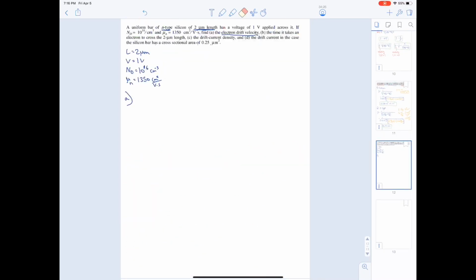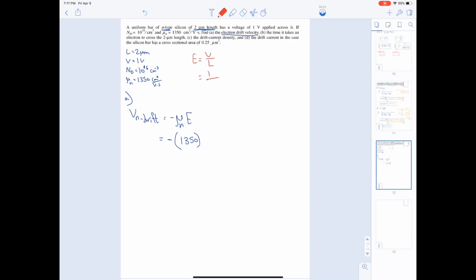So Vn drift is equal to minus mu n multiplied by the electric field. What's mu n? It's 1350. What's the electric field? We do not have the electric field, but we can compute it. We said earlier that electric field is volt divided by the length. What is the volt? It's 1.